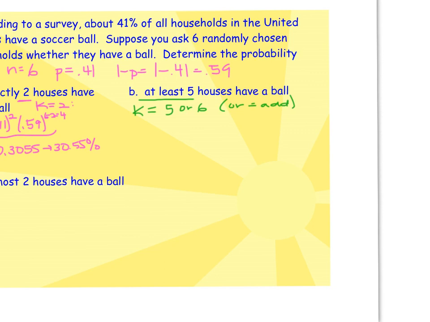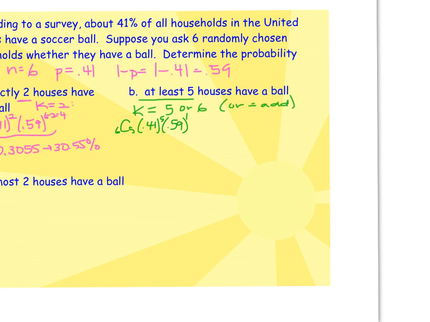Let's just do one at a time. If k equals 5, the probability that just that event would happen would be 6C5 times 0.41 to the 5th power, because we want 5 houses to have a soccer ball, times 0.59 to the 6 minus 5, or the 1st power.